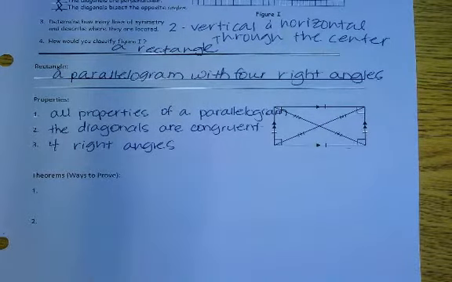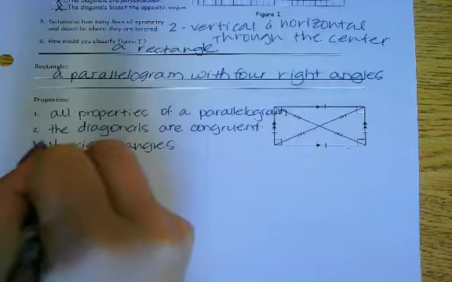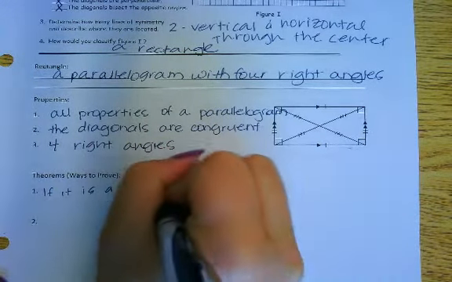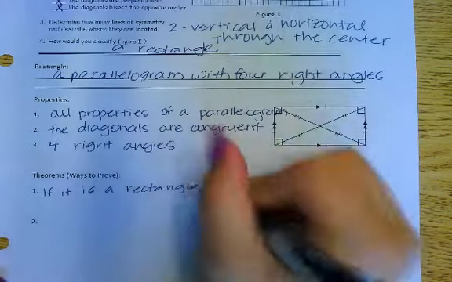Now, ways to prove if it is a rectangle. If it is a rectangle, then there are 4 right angles.